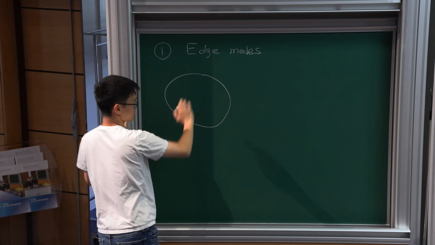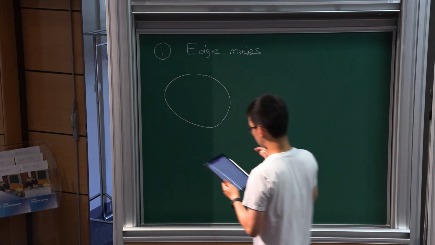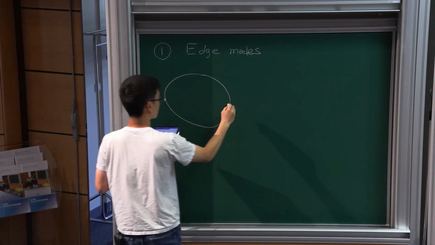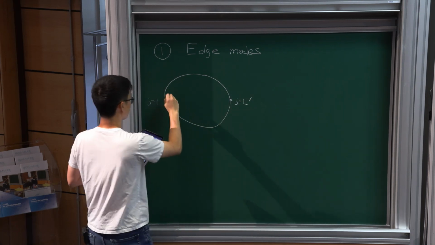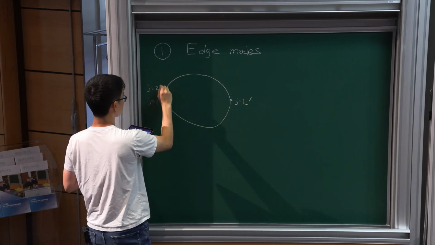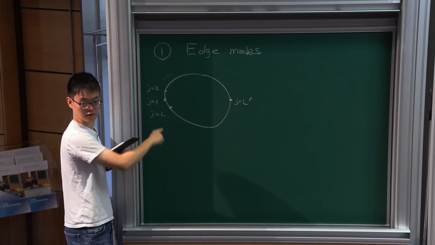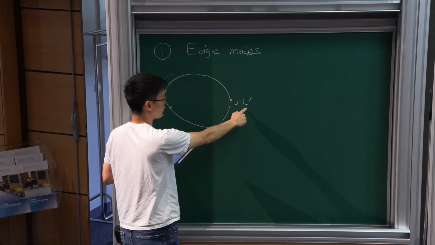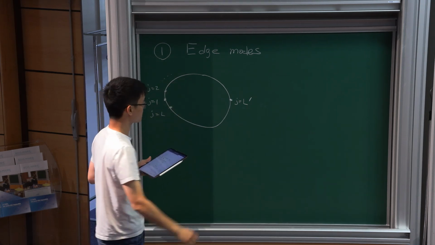But for half of the chain, I will use the cluster Hamiltonian. But for the other half, I will use the product Hamiltonian. So in total, my chain has L sites. But I'm choosing some intermediate site, L prime, to split the closed chain into two halves.